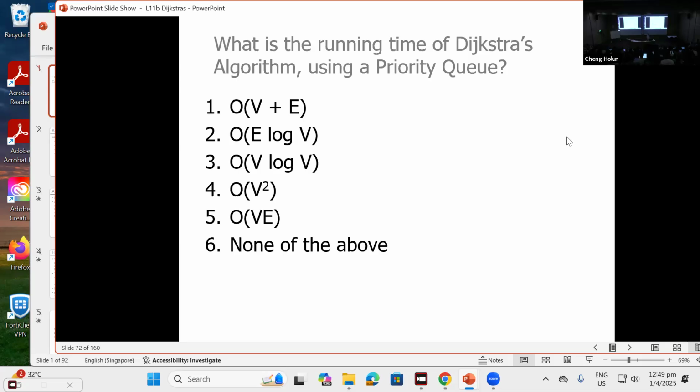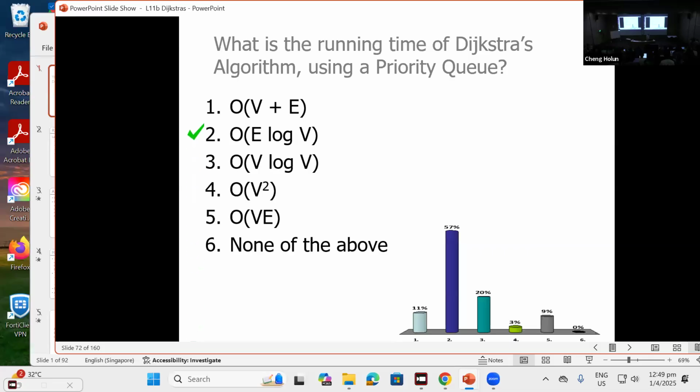So let's try. Who says 1? So it's 2. Why? Because extracting min is only V log V. But each time you extract a vertex, you may need to relax its edges.